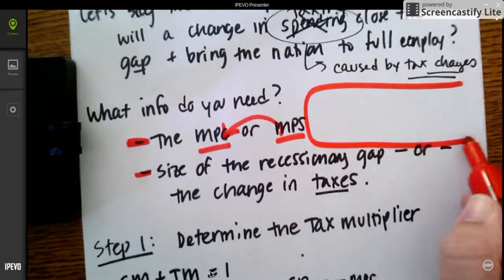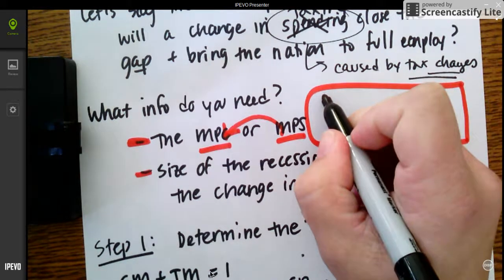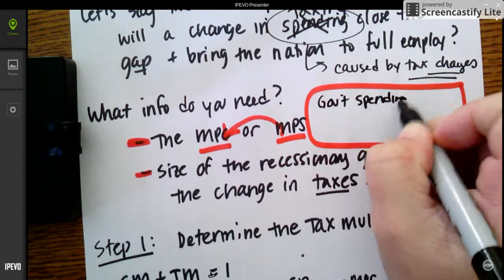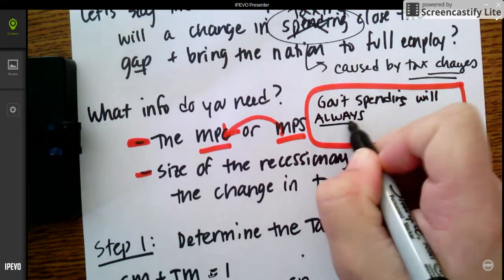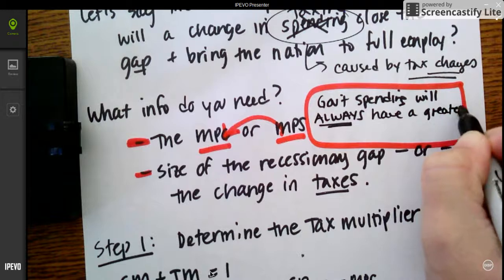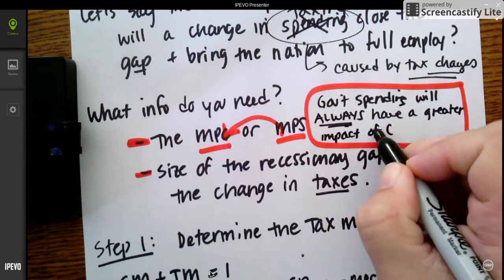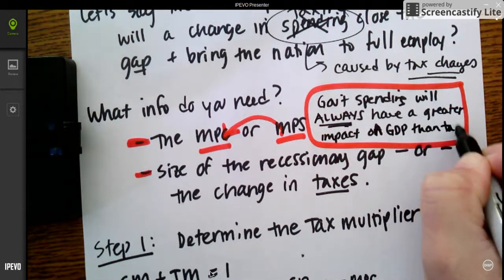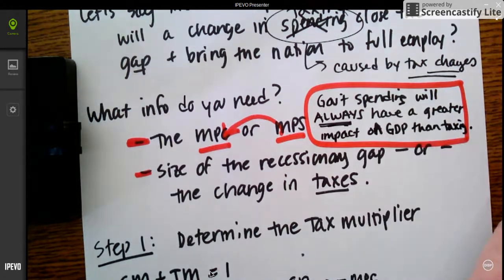And again, little coaching tip here. Government spending will always have a greater impact on GDP than taxing. And you might be saying, well, how can you be sure?